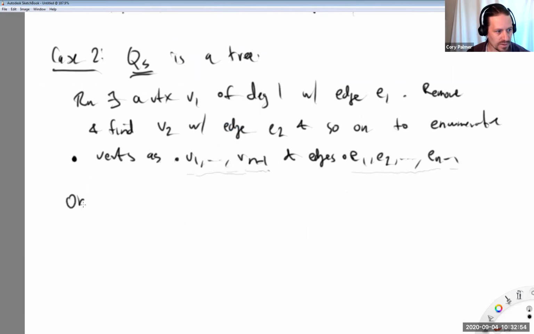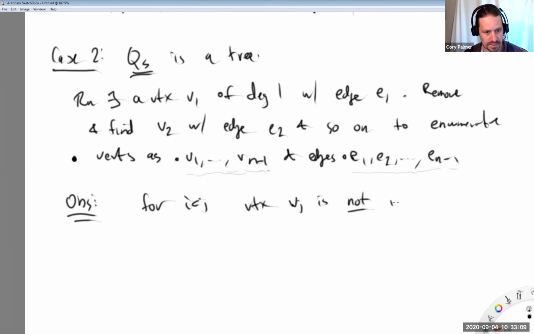Now observe, this is the key observation here. Observe that in the way that this is oriented, for i less than j, vertex vj is not incident to edge ei. Okay, is that right? Did I flip the signs around here? Yeah, I flipped this around. Of course.